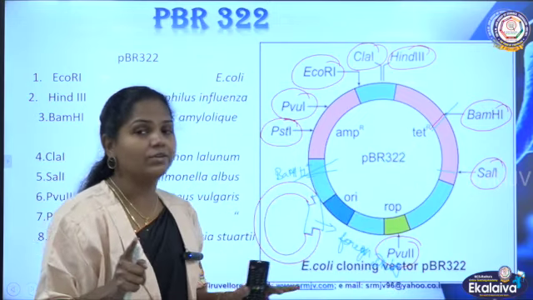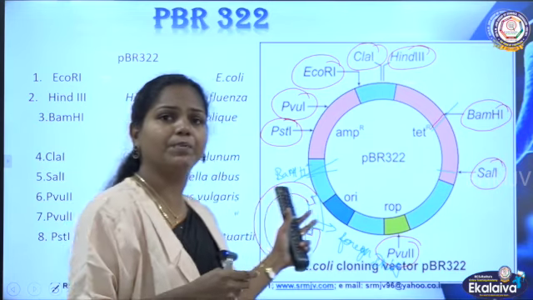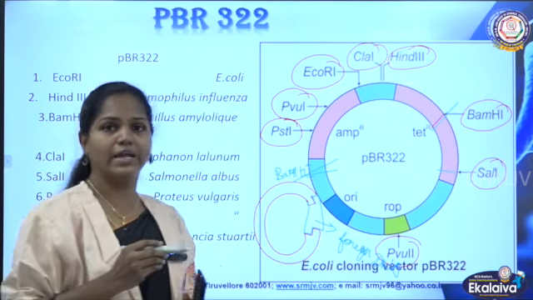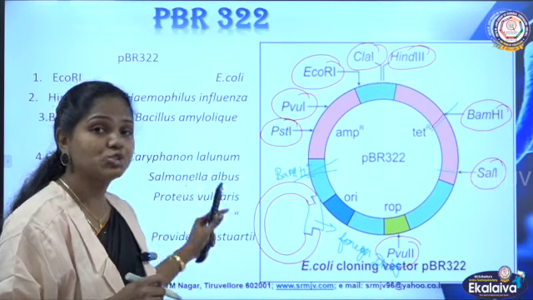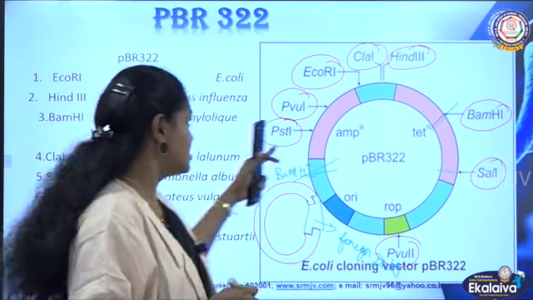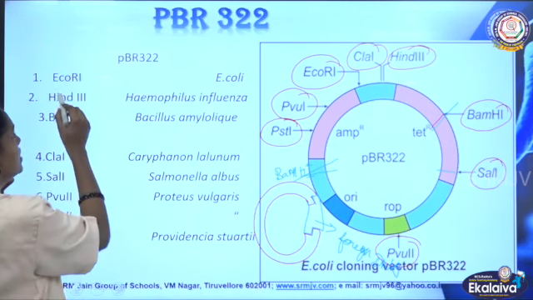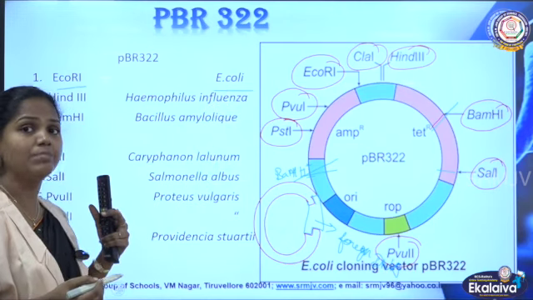Because of that, any plasmid, even pBR322, has a single cloning site for all the restriction enzymes. So this is the actual role of cloning sites in pBR322. EcoRI, you already know, is an enzyme extracted from E. coli.